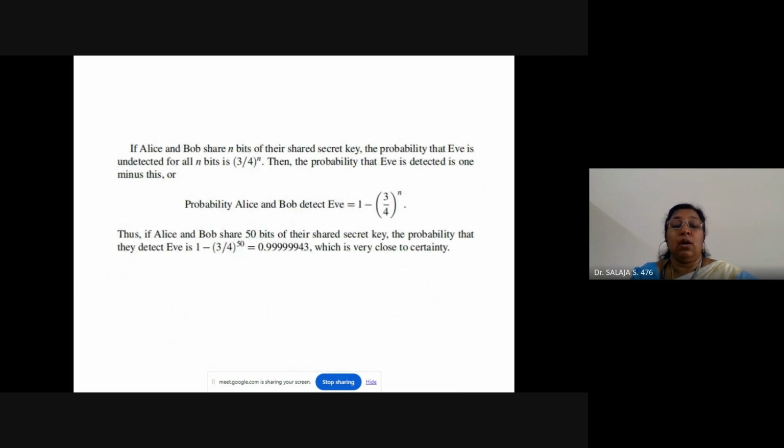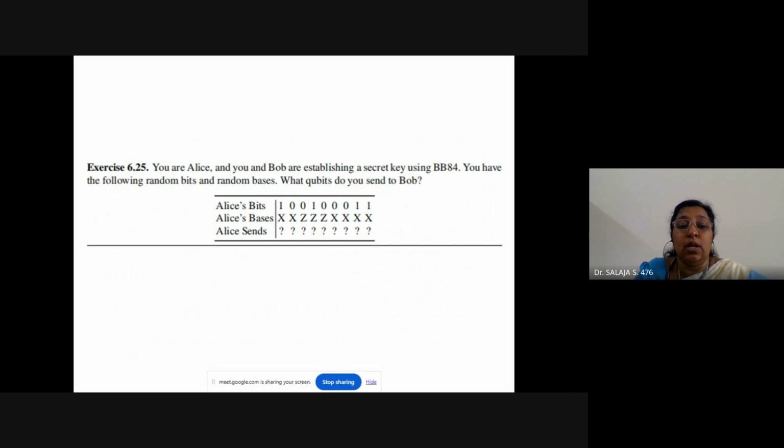Now, we have few assignments. We'll try to understand how it works. Now, you have Alice bit, Alice base. You are supposed to find out what Alice sends. X on 1, X on 0, and then you have your ket plus, ket minus, ket 0, ket 1 to be identified. So you can submit this as an assignment.